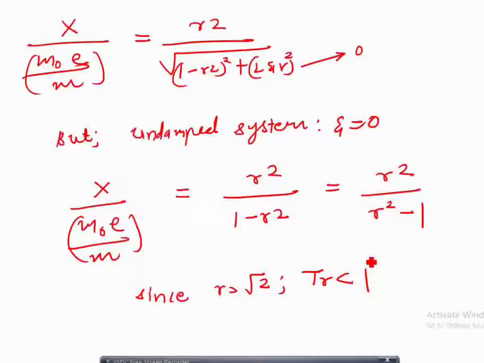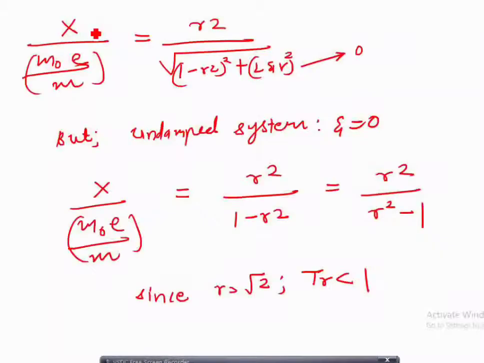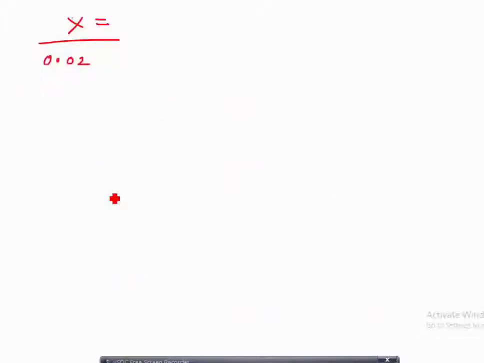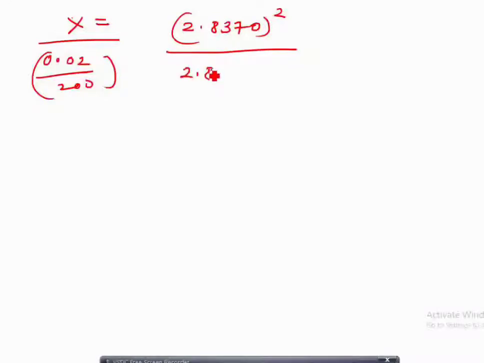Okay. Now r we have already calculated, so let us put that r. From this I am getting x is equal to, what is MOE? MOE is given, it is 0.02, and small m is 200 kg. That is equal to r square, which we have already calculated as 2.8370, which is greater than root 2, bracket square, divided by 2.8370 bracket square minus 1.